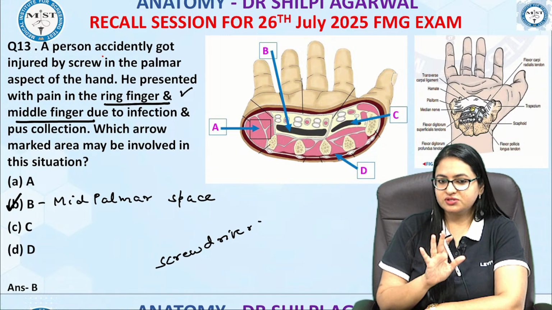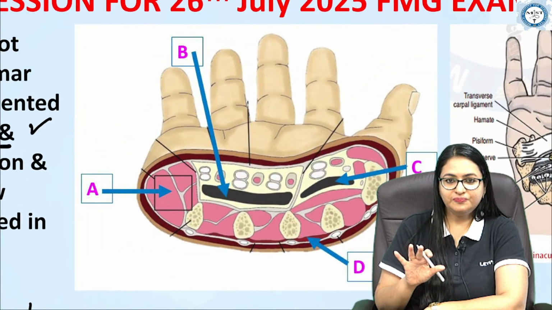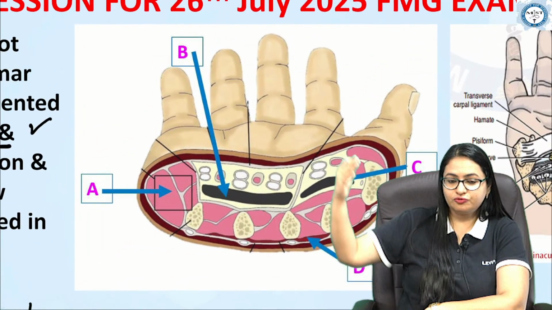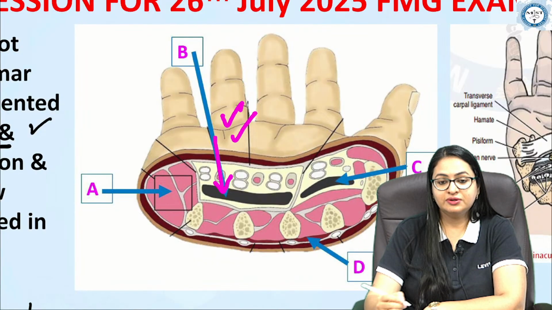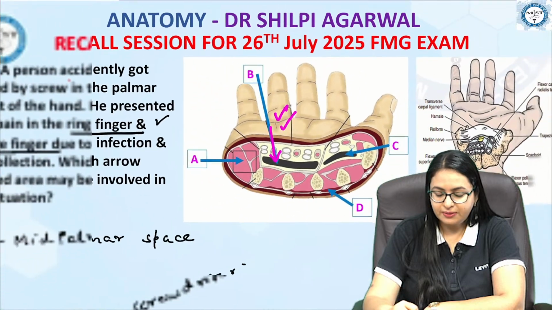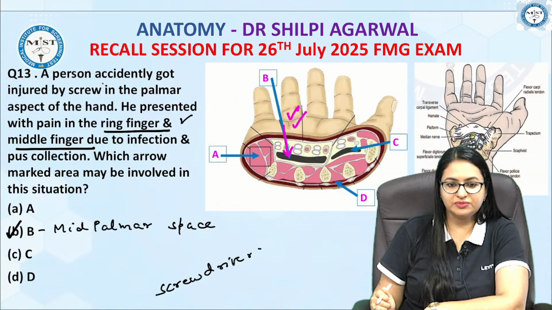There was a problem in the ring finger and the middle finger, and this image was there. Whenever this image is there, for the ring and middle finger, the arrow is always this one, which is the mid palmar space. The infection from here can go to the mid palmar space.